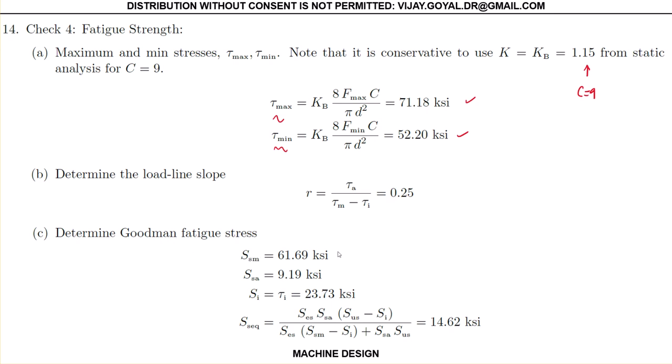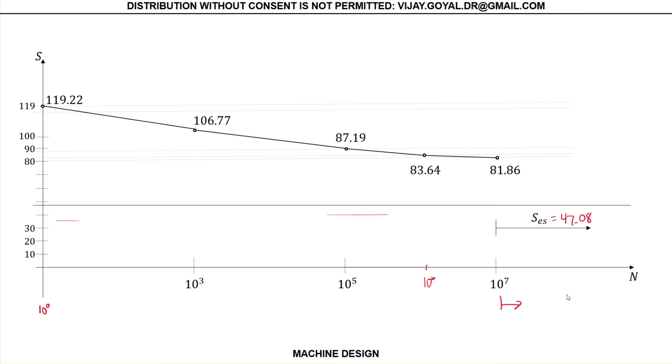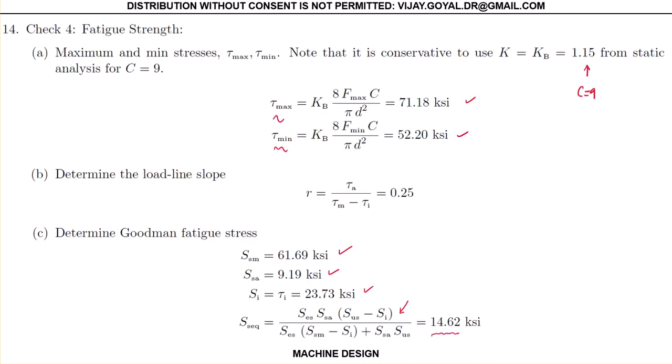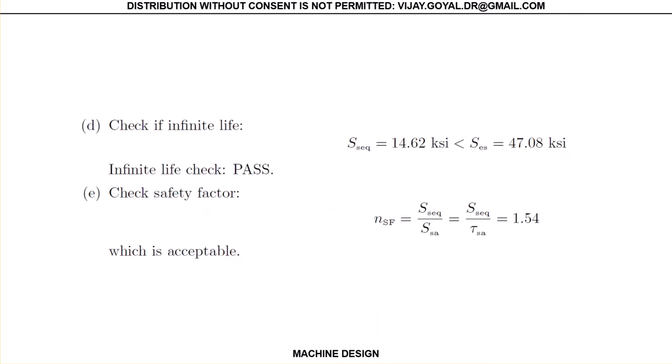For the Goodman stress, you need to find these values, find your initial load, and plug the values into this equation. And that gives you 14.62. You can immediately see this value is way below this value, so we are in good shape for designing for infinite life. So this is a check, this passes.